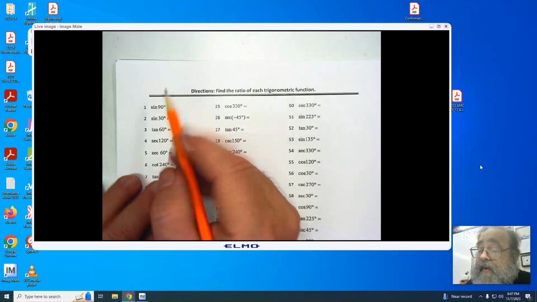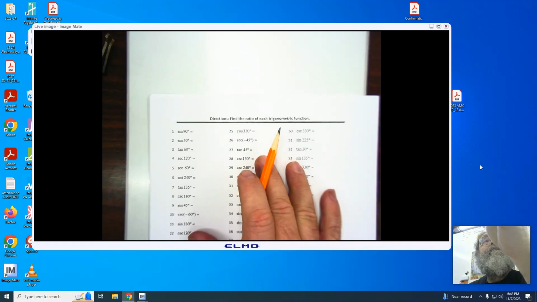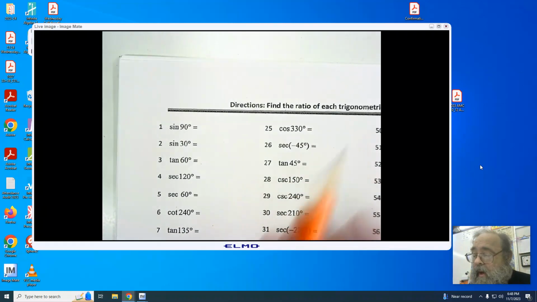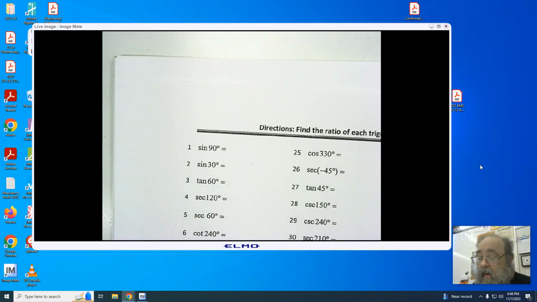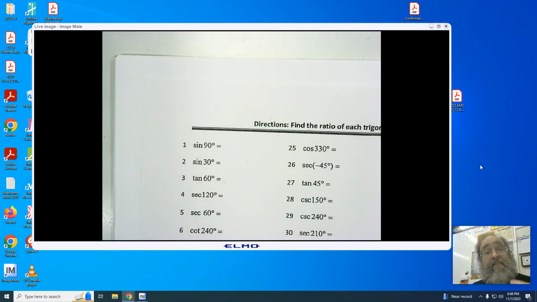So if I'm starting with the sine of 90 degrees, let me zoom in a little bit. There we go. Sine of 90 degrees means that I am working with the 90-degree angle, and I can clearly see that my y value is 1. So I stop and I say, first quadrant, 90 degrees, y value 1.